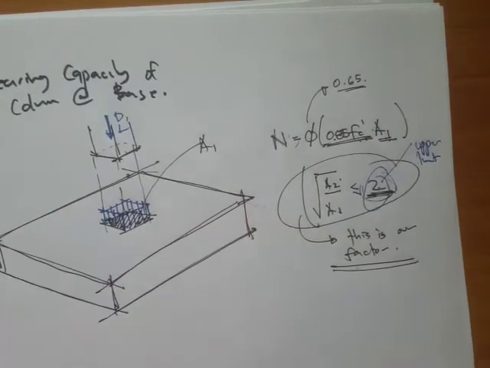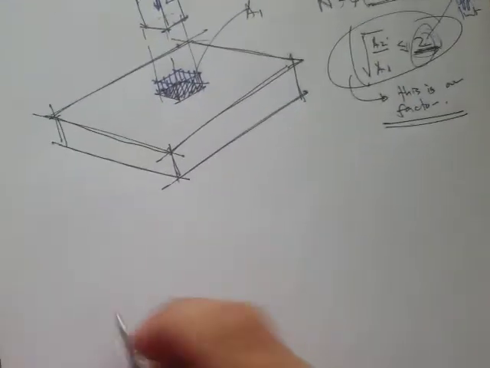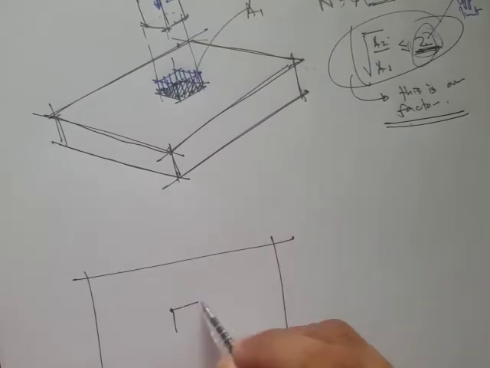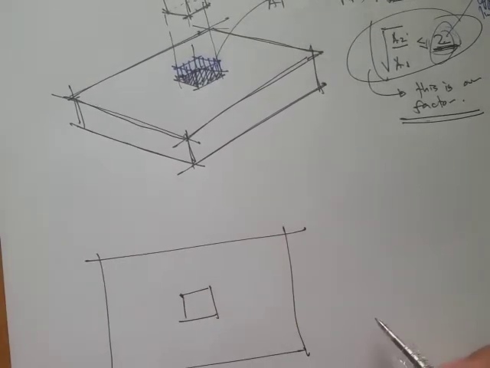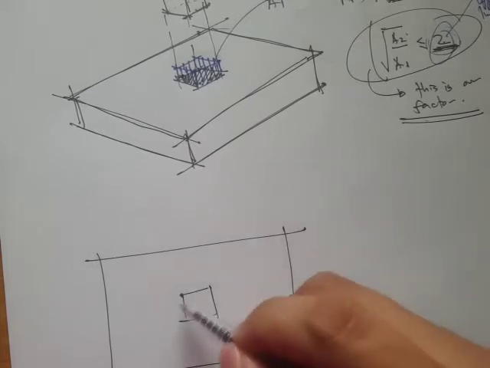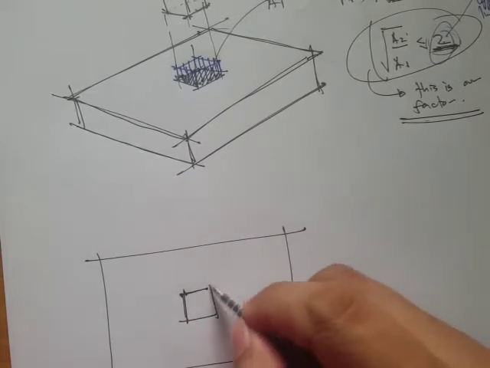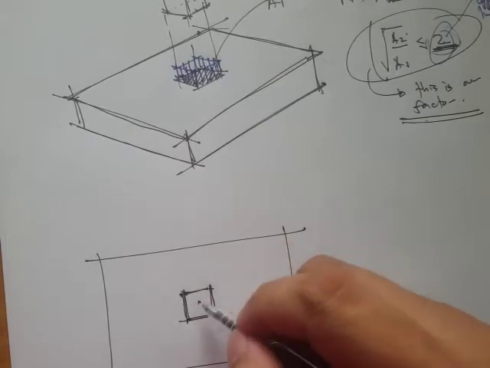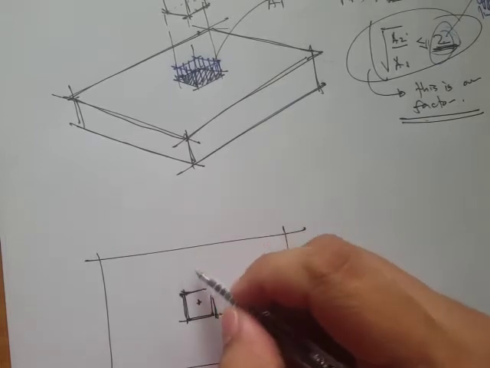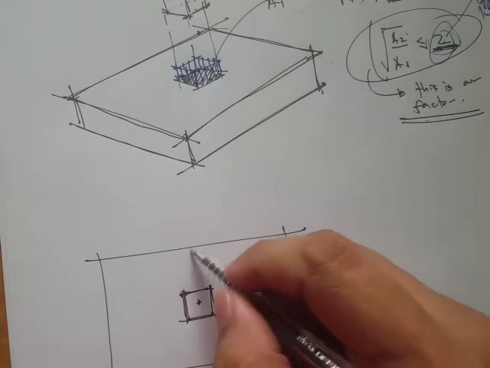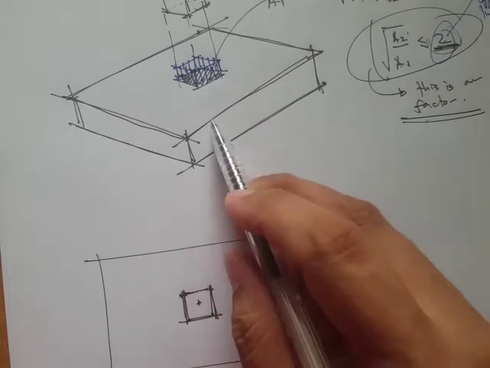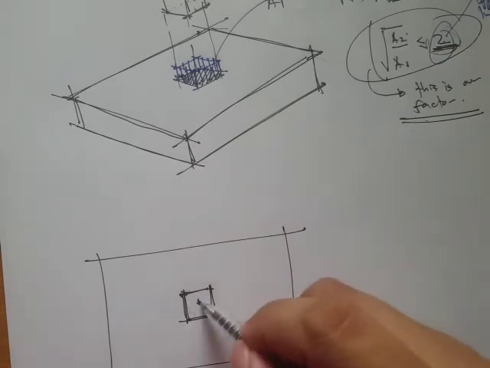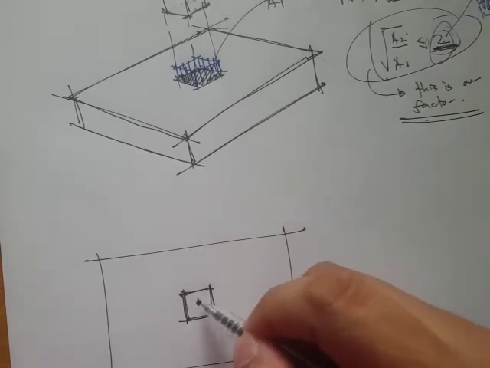Okay, so what is this area A2? Area A2 is defined as the area that is geometrically similar to the column area. So if the column is a square, then it's going to be a square area in the footing as well, and this area should be concentric to the column, taking the centroid.